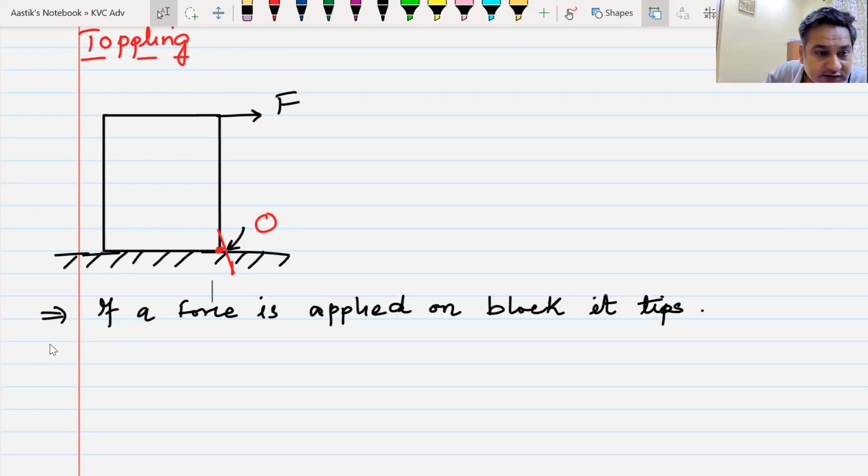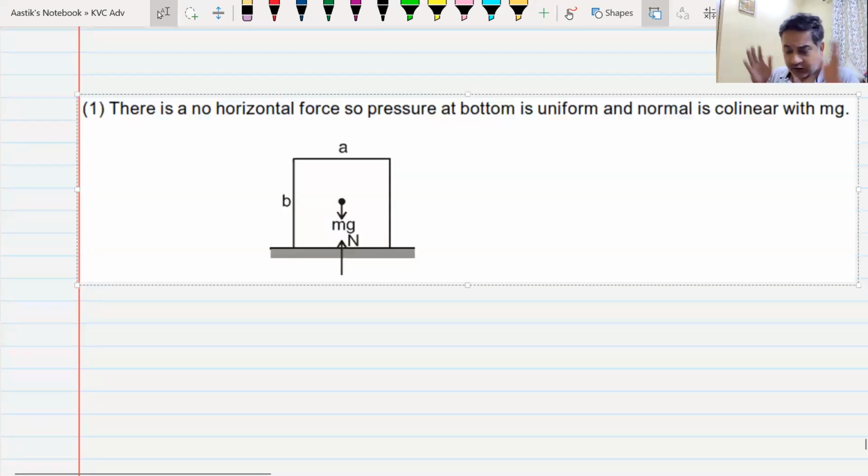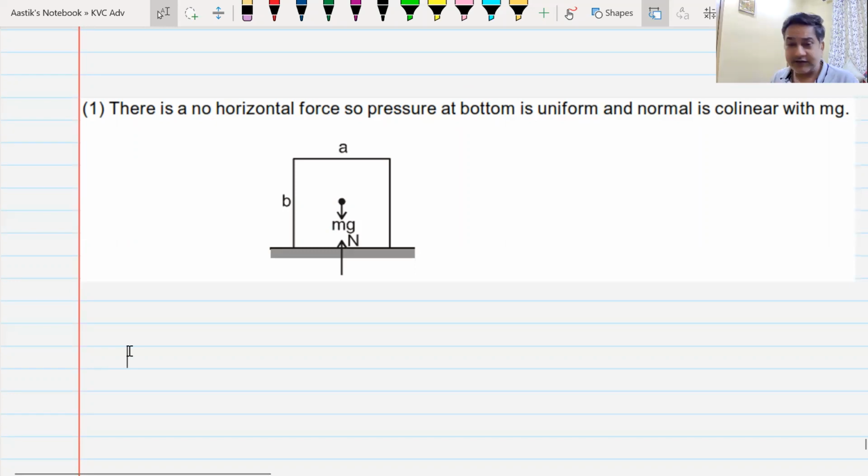Now, how does this topple and how do we understand this toppling? I'll make you understand with the help of a few diagrams. When you have no force applied, you kept the block like this. B is the height of the block and A is the width of the block.